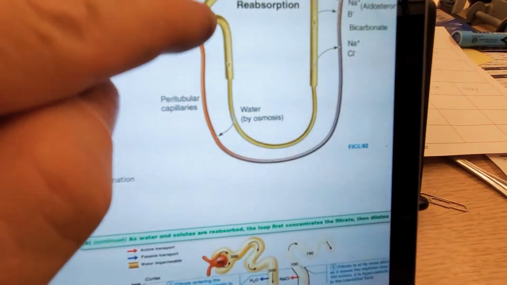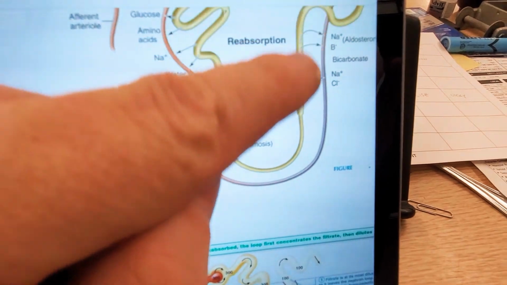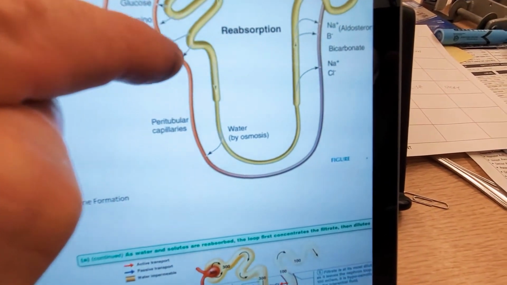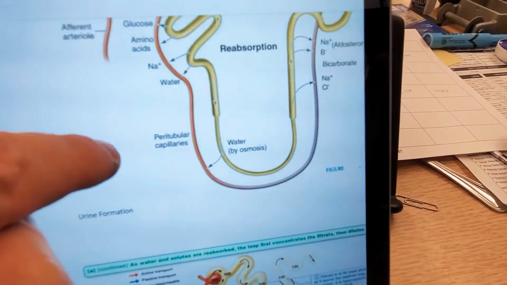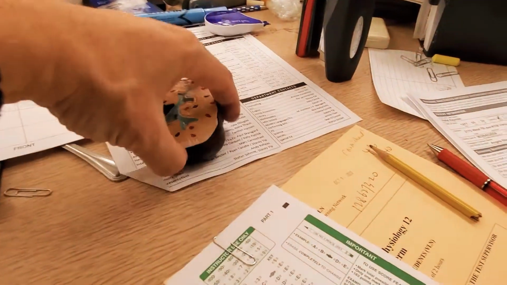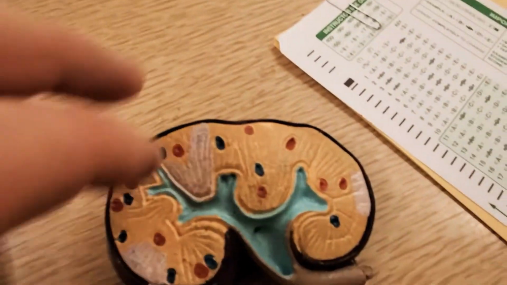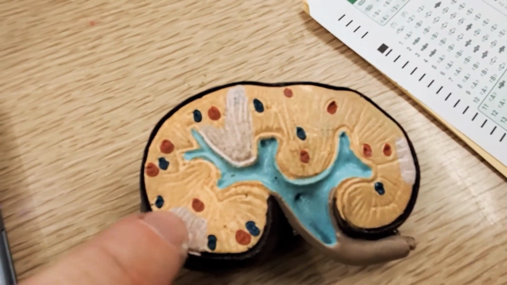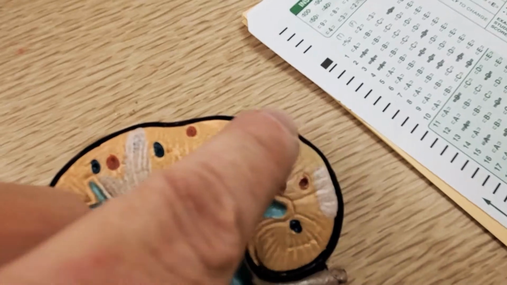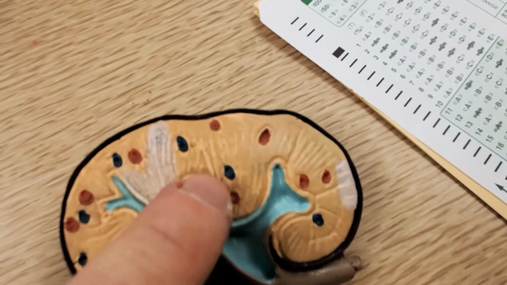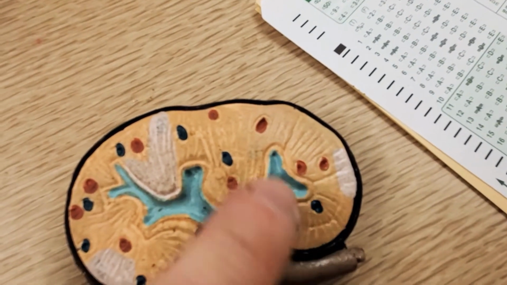And we do that here in this thing called the loop of Henle. That's this region here. So as the water goes down the loop of Henle, remember the kidney. This whole area up near the surface is called the cortex, and then as you go down, it's called the medulla.